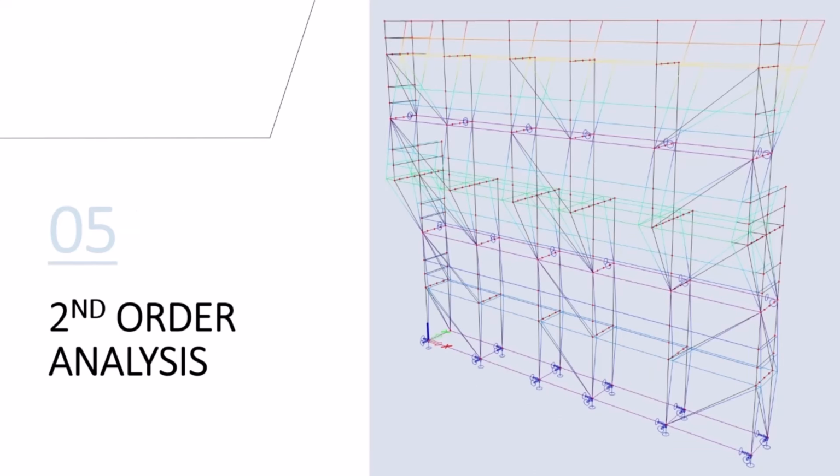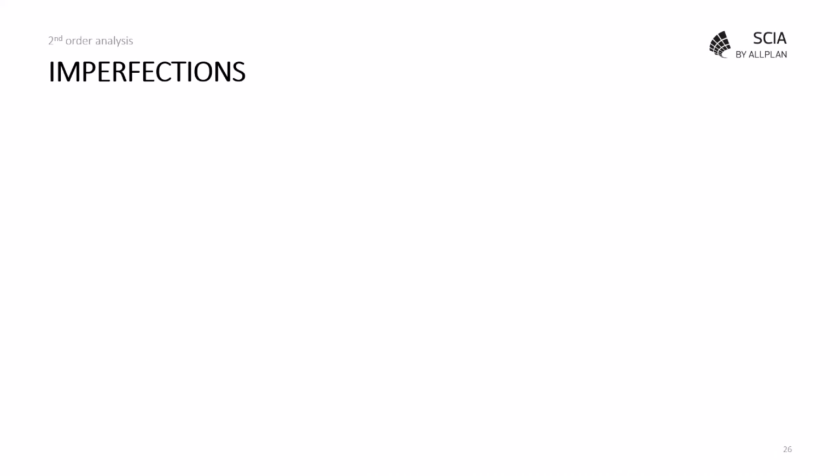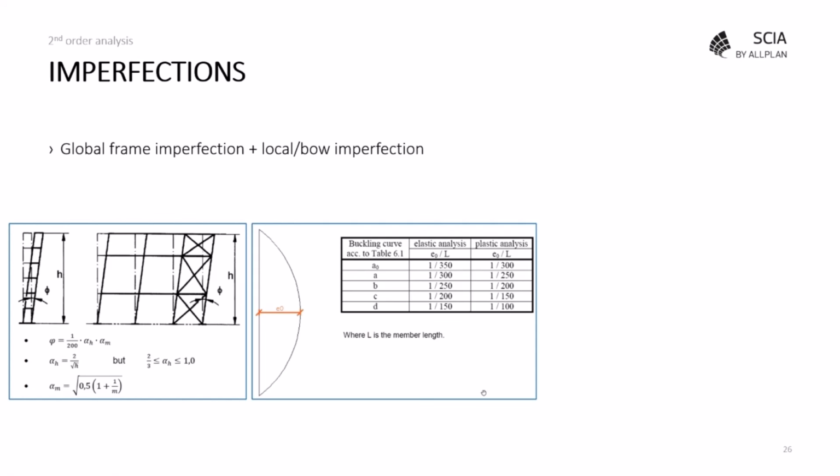And then in the last step of the analysis, you can run a second order analysis. You can define imperfections. One way is to define global frame imperfections. So that's what we also call the sway imperfection in the Eurocode. On the left image, you can see the image and the formulas coming from Eurocode 3.